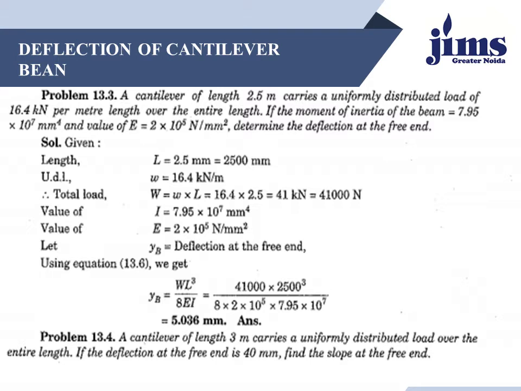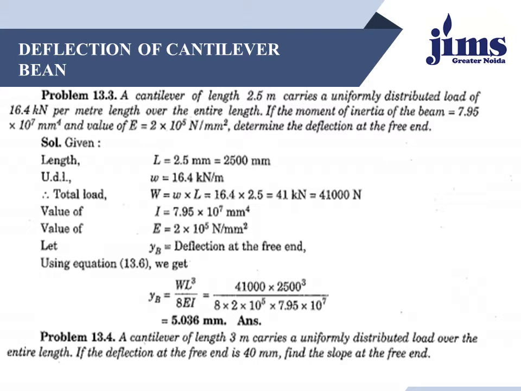The value of moment of inertia of this beam, that is I, is equal to 7.95 multiplied by 10 to the power 7 millimeter 4, and the value of Young's modulus, that is E, is equal to 2 multiplied by 10 to the power 5 Newton per millimeter square.